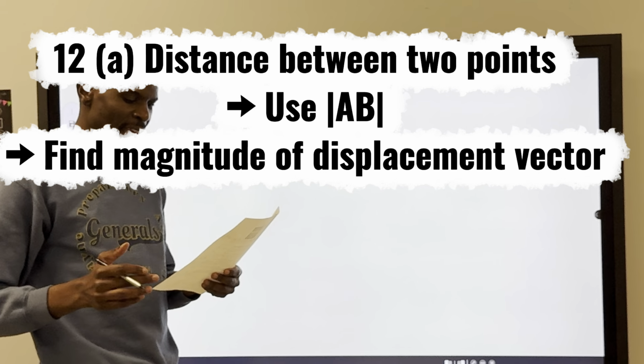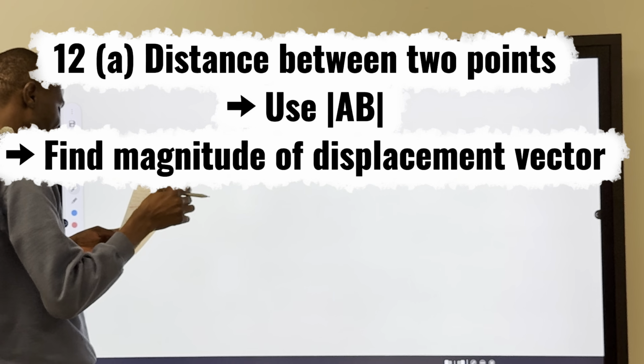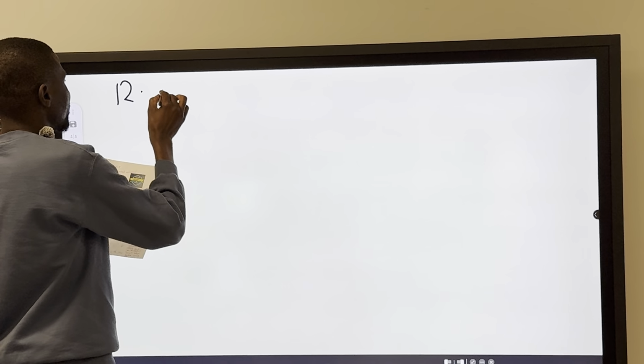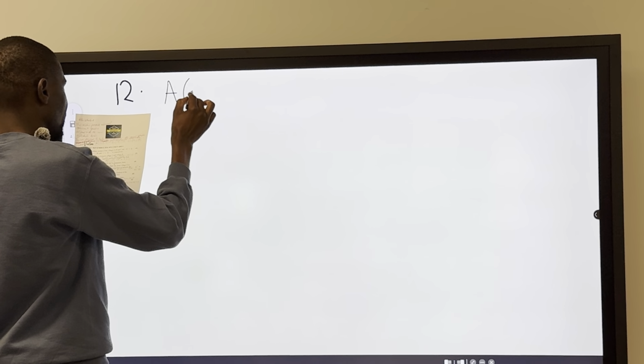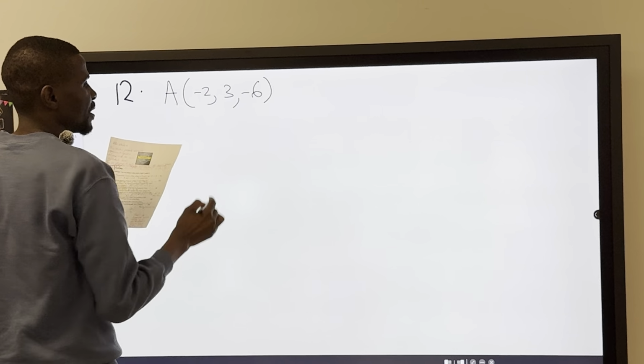All right. So the question reads, the position vectors of the villages A, B, and C are that. So let me write those position vectors in coordinate form. This is number 12. So for A, I have -2, 3, and -6.